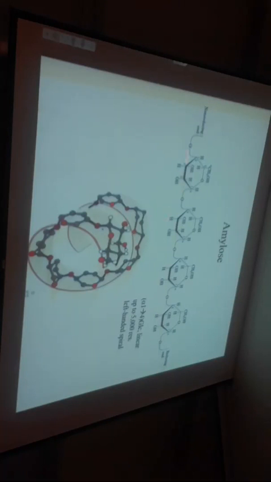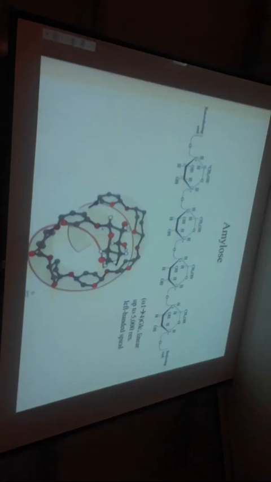And then we form a molecule that again has a non-reducing end and a reducing end, which forms such a left-handed spiral and can have up to 5,000 residues. So this is amylose. Again, it's a relatively simple structure. It's one of the two components that we find in starch. Okay, so this is produced in plants.